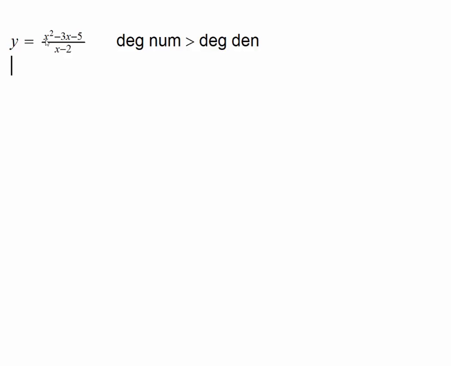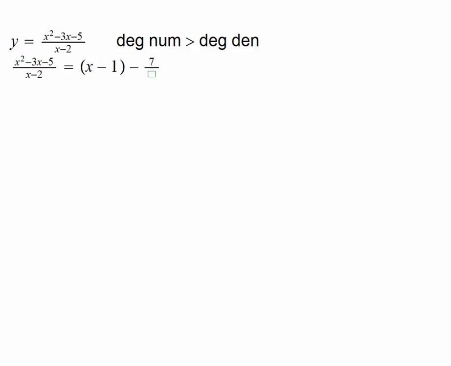So what we will do first here is this, that we shall carry out long division or synthetic division, and notice that when we divide, the quotient is x - 1 and the remainder is -7.